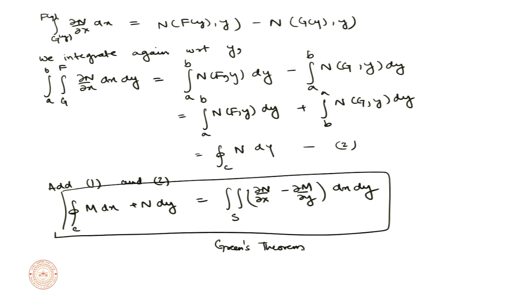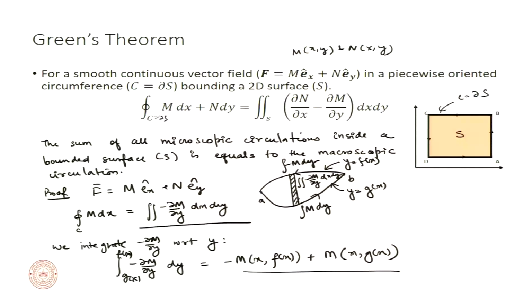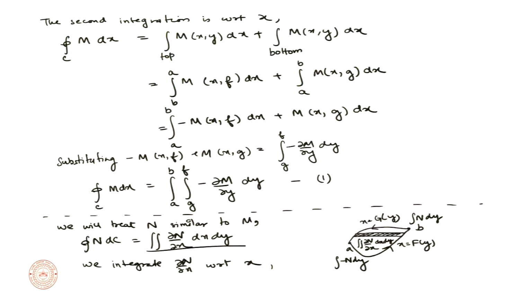Okay. So, just quickly going over what we talked about in this Green's theorem: we have this vector field f having m and n as the two components, or the two functions along x and y. We first took m, integrated del m by del y, found out what these values are, and then integrated again with respect to x. So, we got equation 1.